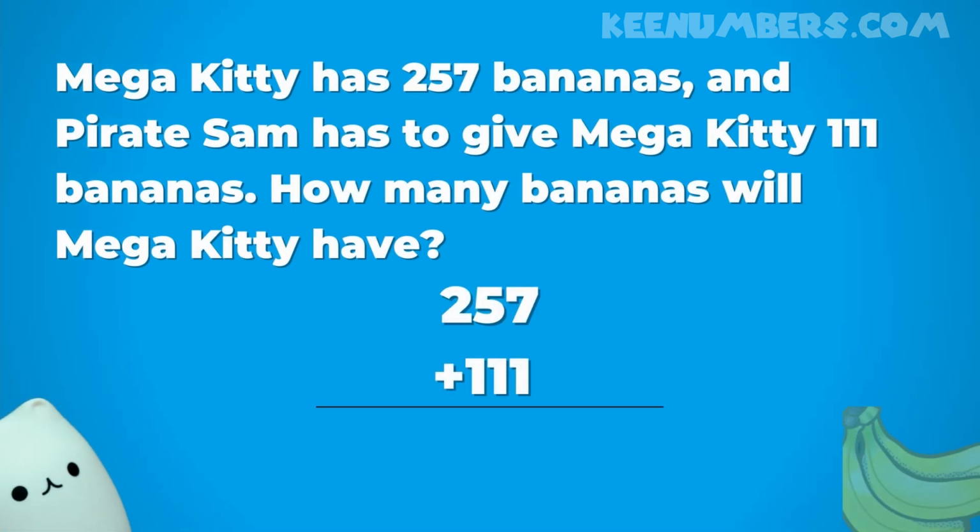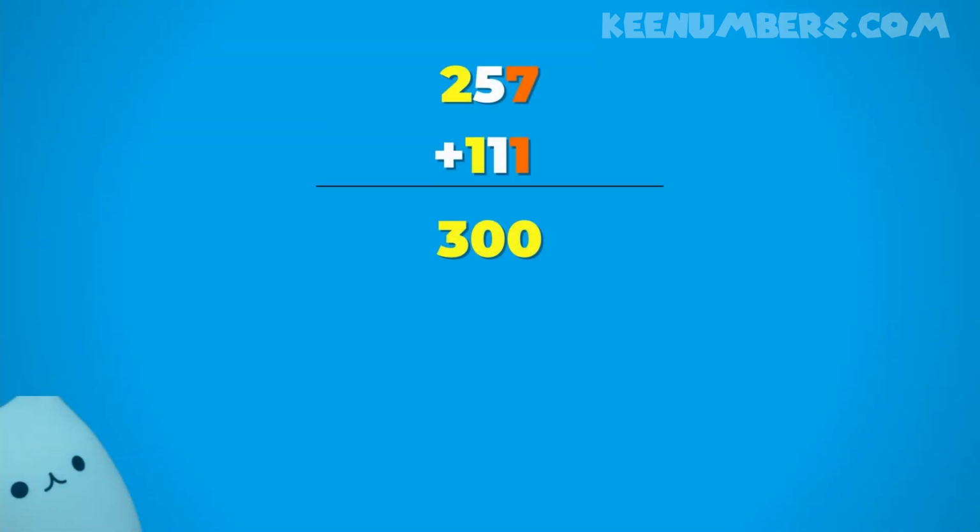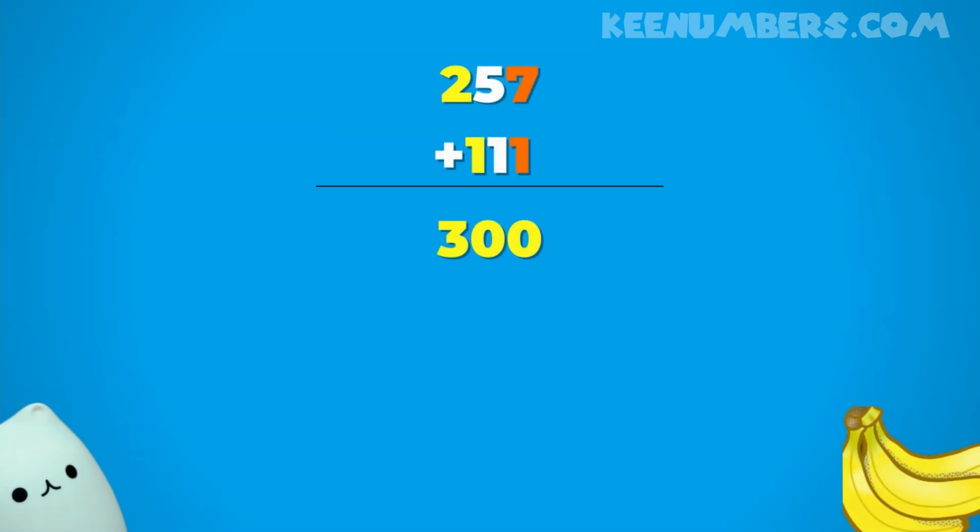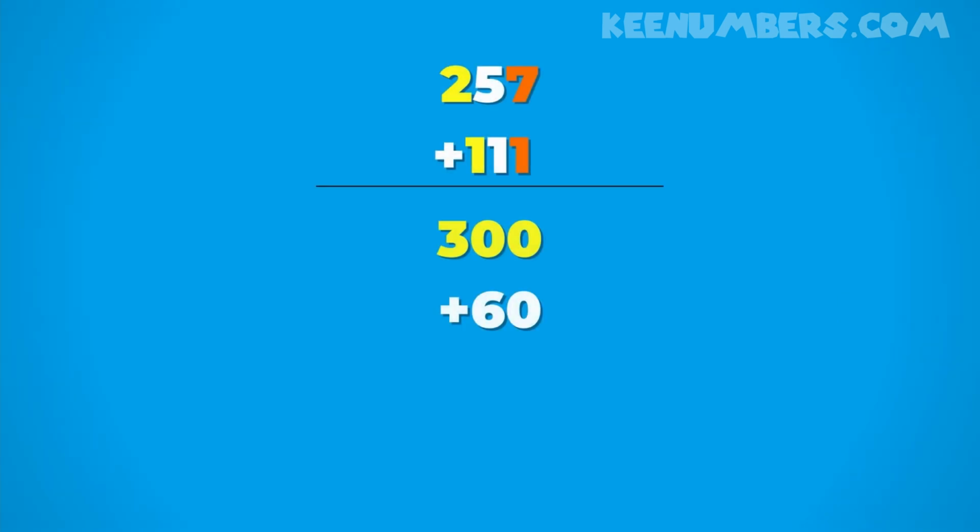Well, we need to add 257 plus Pirate Sam's 111 bananas. How do we do that? Well, 200 plus 100, that's 300, because we're talking about 200s plus 100, so that's 2 plus 1, that's 300s.